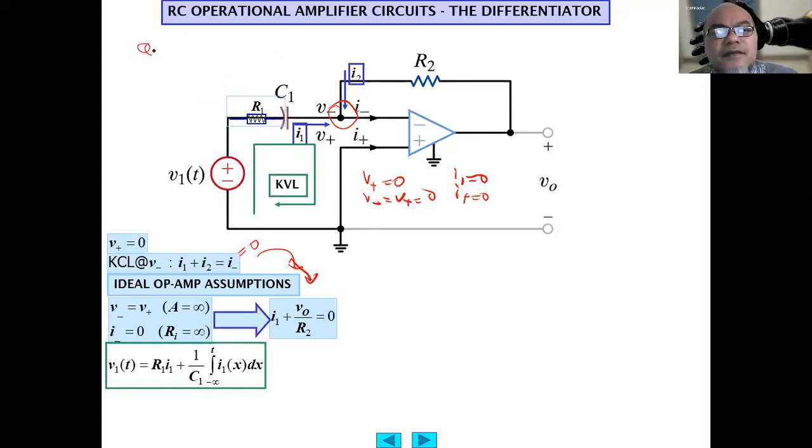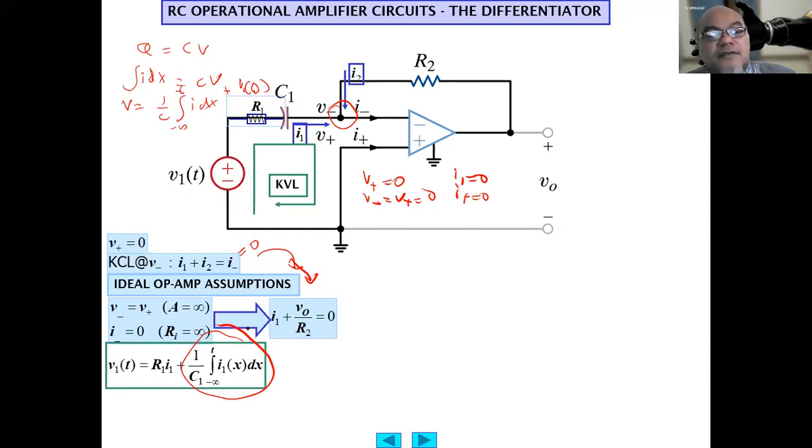Again, Q equals CV, where Q is basically the integral of I dx, equals CV. So V equals 1 over C times the integral of I dx from minus infinity until t. Of course, there is an initial value at 0. We use this integral form to calculate the voltage across C1.